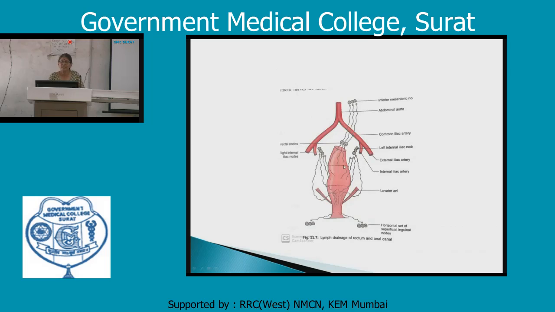Lymphatic drainage: the upper part of the rectum drains through the rectal nodes to the inferior mesenteric nodes, along the superior rectal vessels and inferior mesenteric vessels. The middle and lower part of the rectum, and even the upper part of the anal canal, drain into the internal iliac group of lymph nodes along the middle rectal vessels.